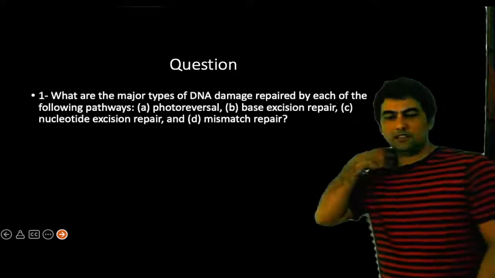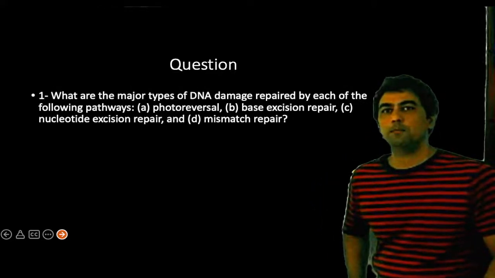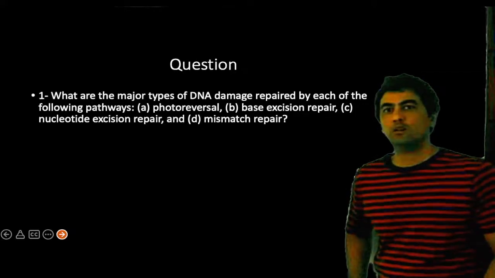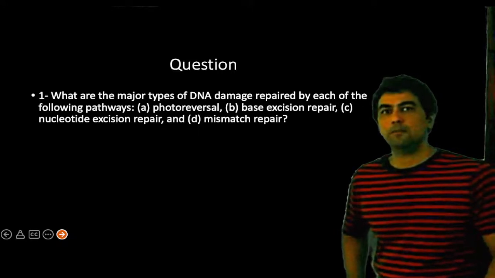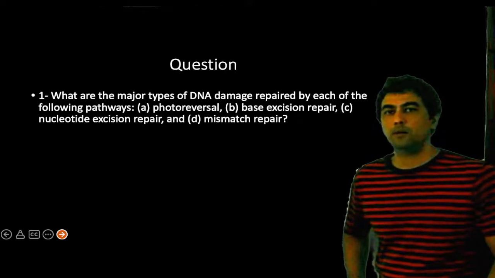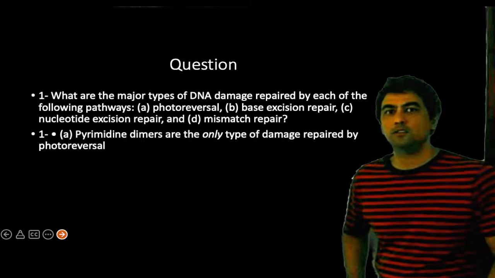Some questions to recall. What are the major types of DNA damage repaired by each of the following pathways? Photoreversal, base excision repair, nucleotide excision repair, and mismatch repair. For photoreversal, pyrimidine dimers are the only type of damage repaired.